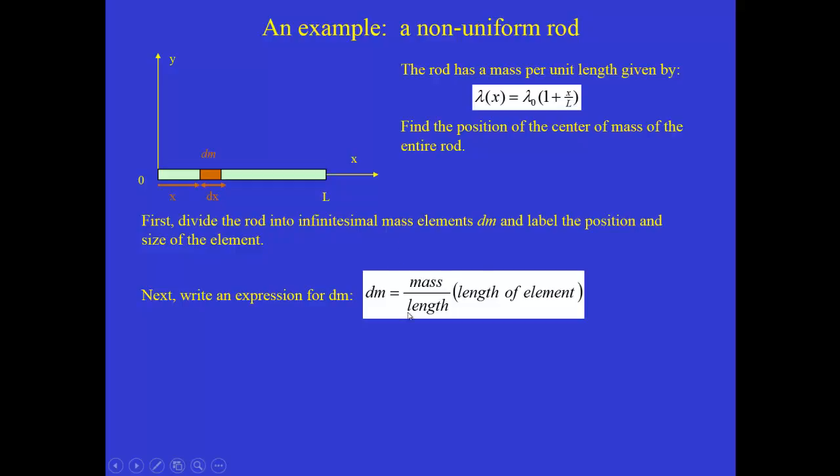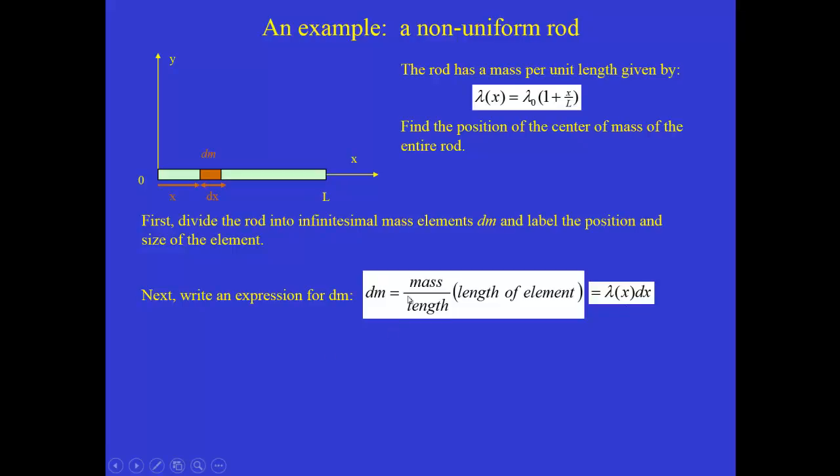What's the mass per unit length? Well, that's simply lambda of x, which is what we were given. We're given an expression for that. So look at this carefully and make sure that you understand it. The amount of mass associated with that piece would be the mass per unit length at that point multiplied by the length dx. And so that would simply be given by lambda of x times dx.